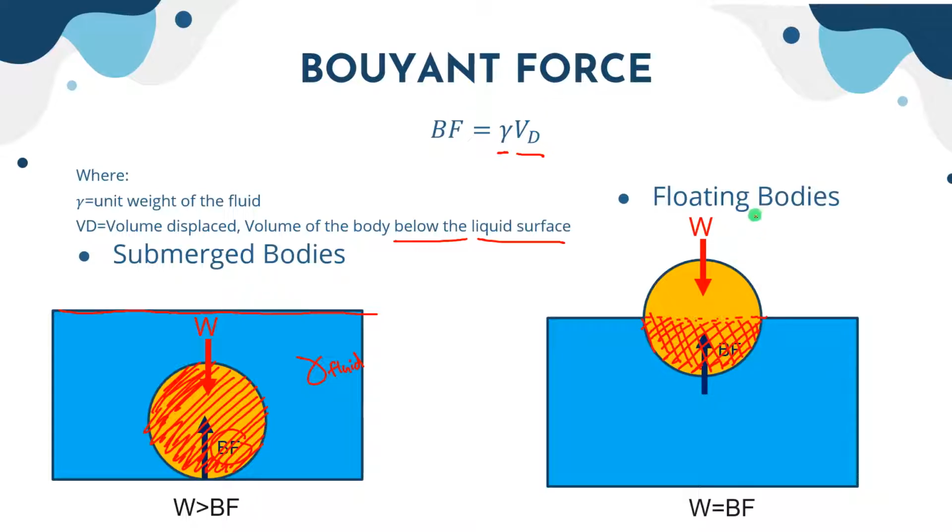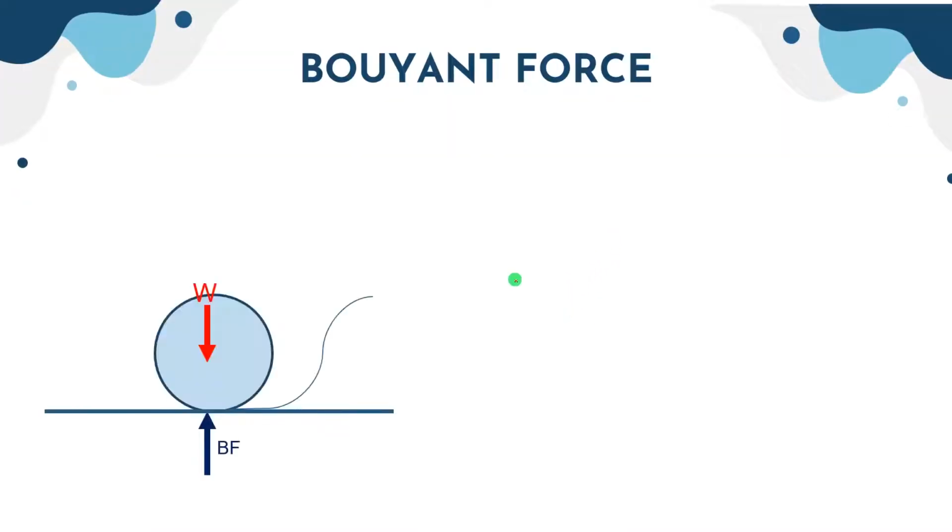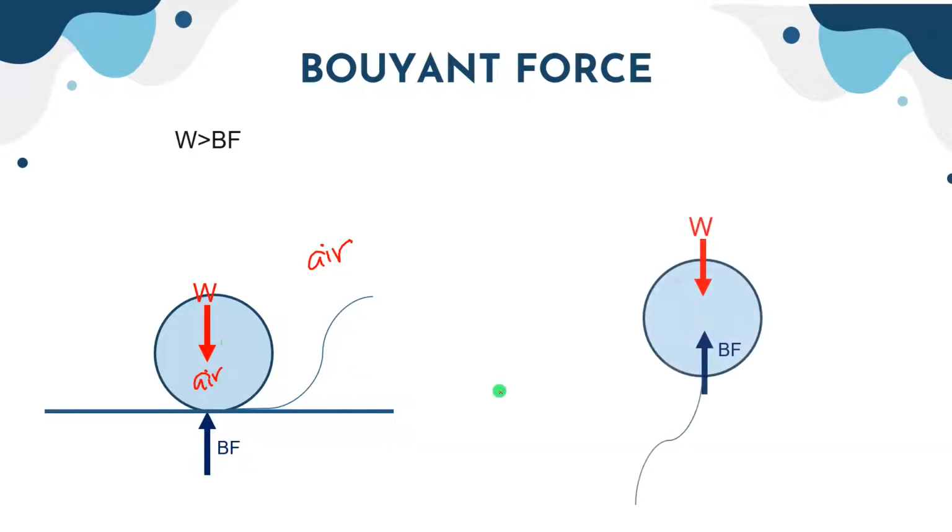Okay, so that's it. The same applies with a balloon where our fluid here is the air. If the balloon is not floating, it means that it is heavier than the buoyant force. Usually this type of balloon is just filled with air. While the other one is a floating balloon which is filled with helium, a lighter gas compared to the atmosphere, with air.